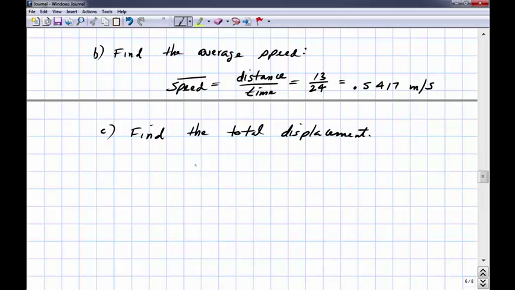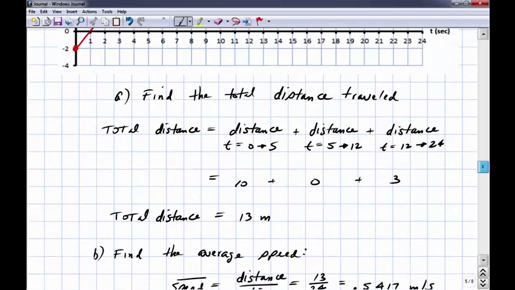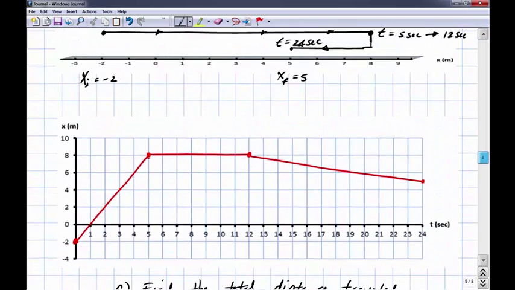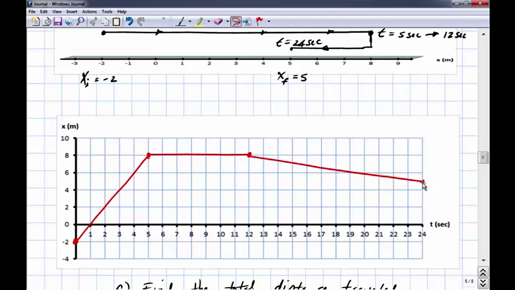In part C, let's find the total displacement. Well, the definition for total displacement is delta x, and it just simply equals x final minus x initial. For our problem, x final is this value right here. This is the final position, right, at time equals 24, and that value equals 5.